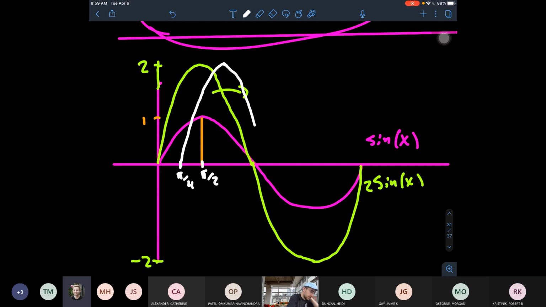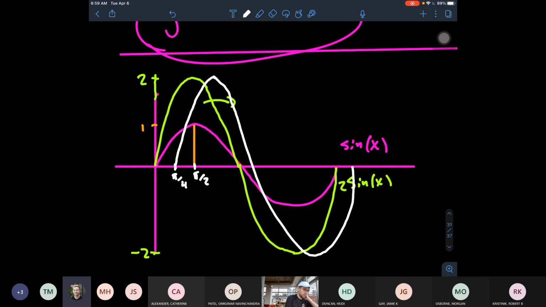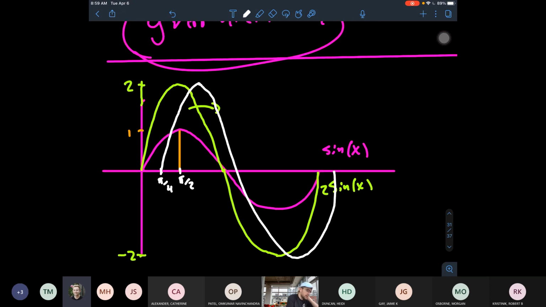Here we go. So here's my 2 sine of x minus pi over 4.